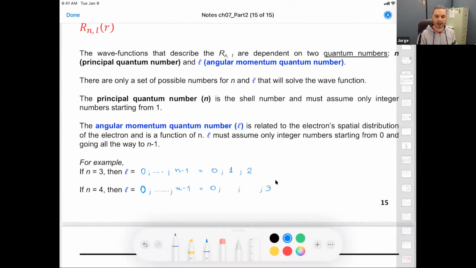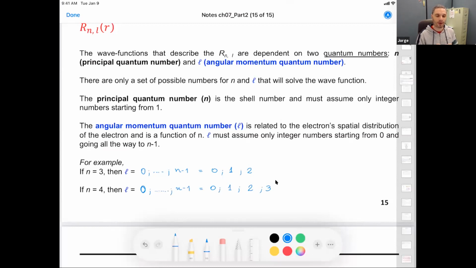Therefore, we have a gap between 0 and 3. So to fill the gap, we start from 0 and add 1 unit until we reach the max value. 0 plus 1 is 1. 1 plus 1 is 2. And then 2 plus 1 is 3, which is the max value.